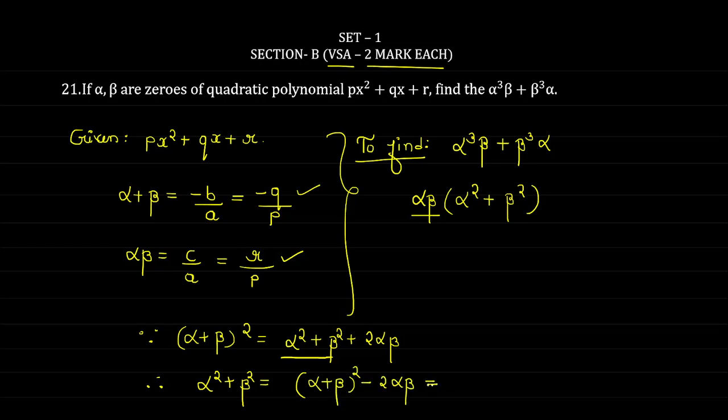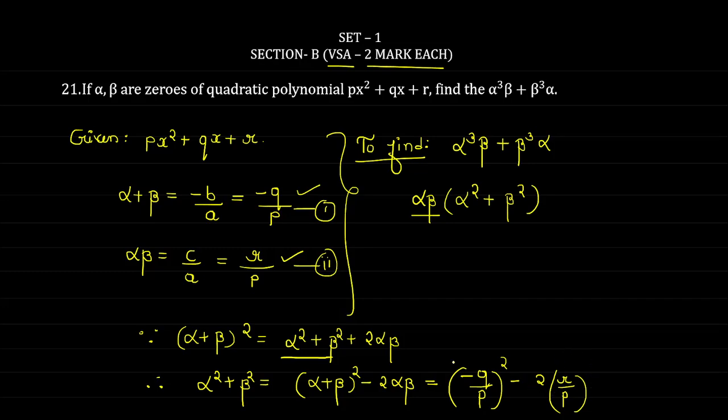So we can calculate it like this. Alpha plus beta is minus q by p whole squared, minus 2 into alpha into beta, which is r by p. Let's suppose this is 1 and this is 2. So from equation number 1 and 2 we can see this, right?